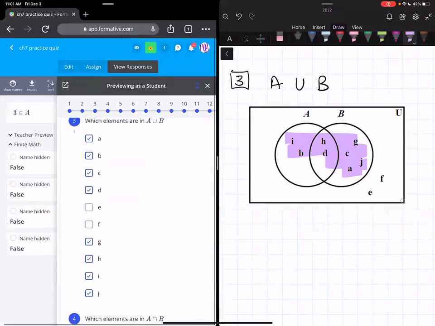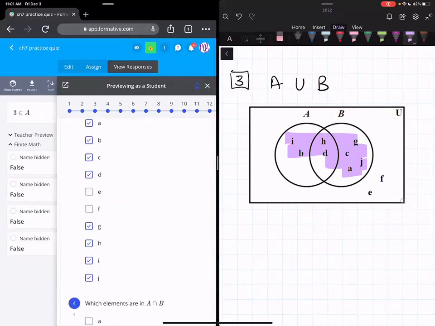Number 4. A upside down B. So this was the union. This was everything. What does the upside down symbol mean? What they share.